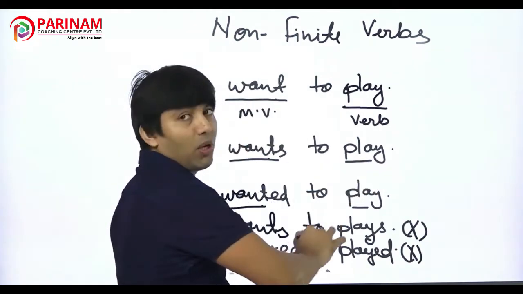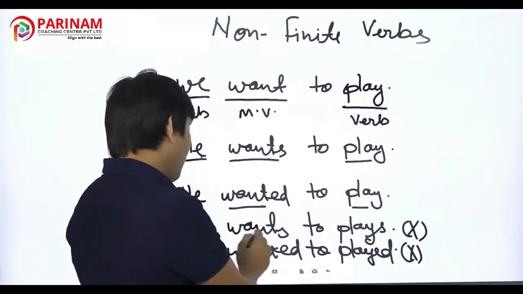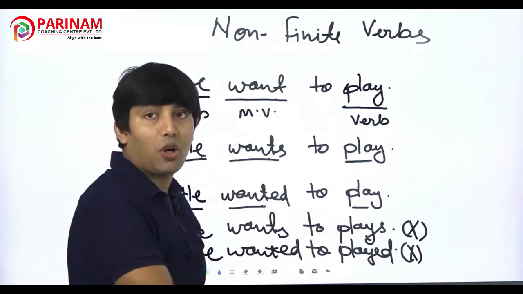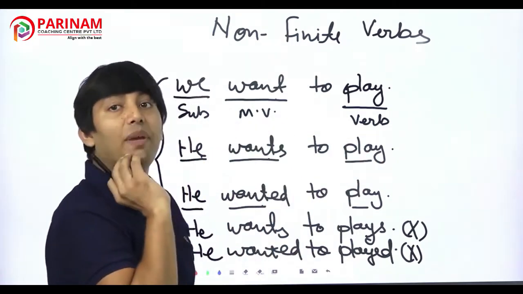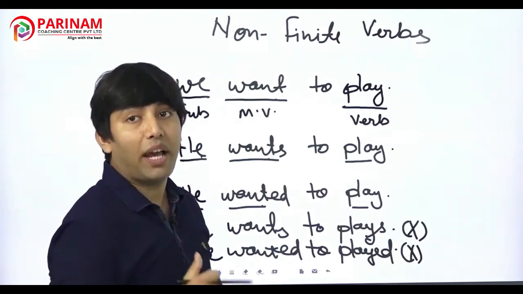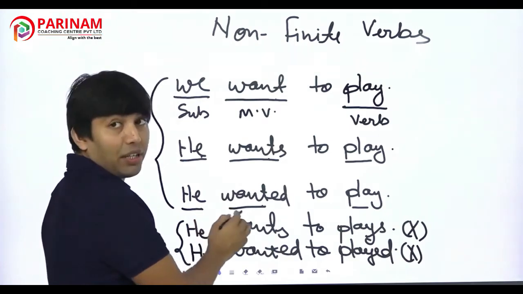I am calling it plural because I have not added s or es to it, because when I wrote he wants to plays, you said it is wrong. Yes, it is wrong. That means here s or es should not be added. The question arises why. The answer will come afterwards.